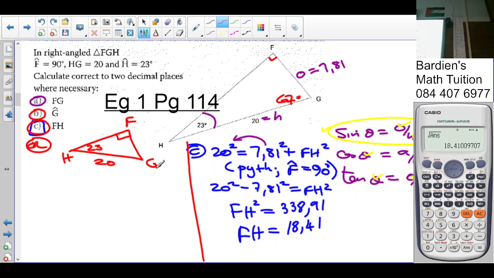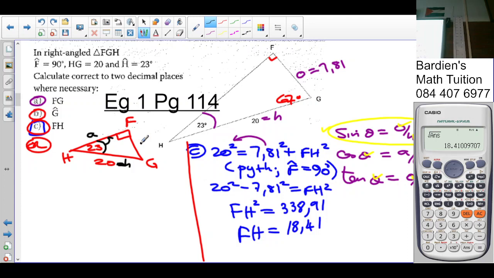So the question you should be asking yourself is, FH is what to the angle? Adjacent. What do we have? The hypotenuse. We also had the opposite, so you could have used tan as well. But we always try and use what is given to us, in case you made a mistake in calculating FG, because then the mistake will filter through. But you could use this, no problem.